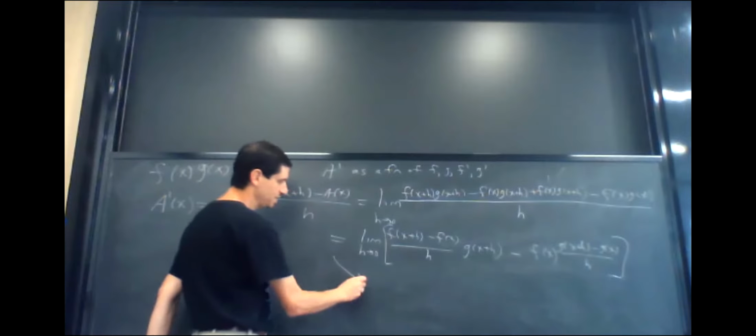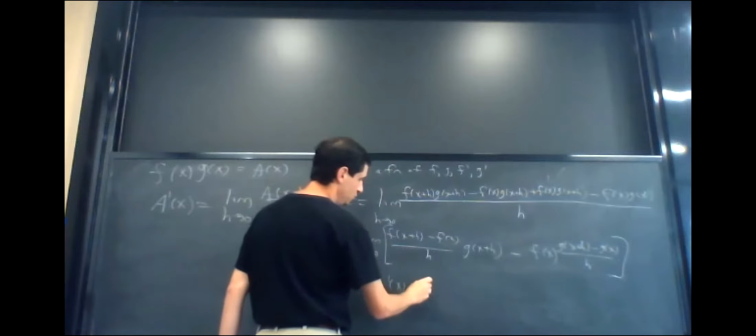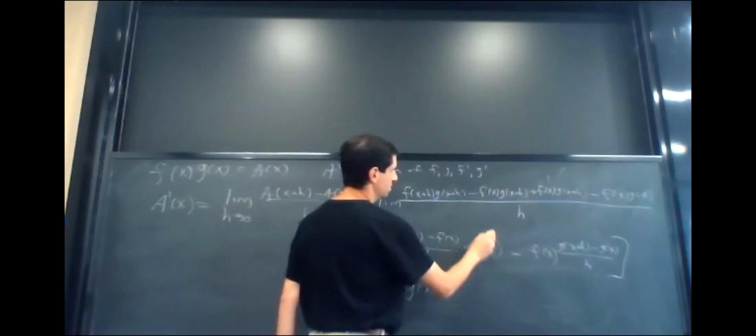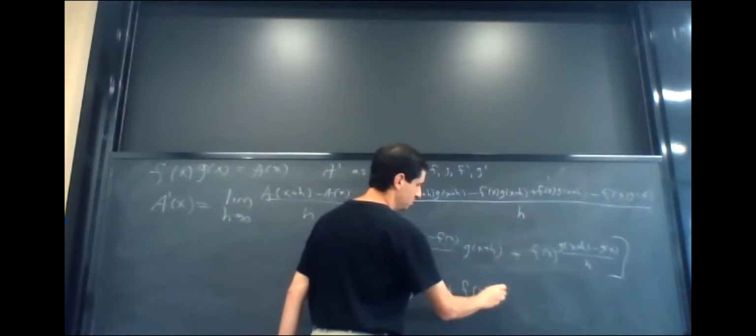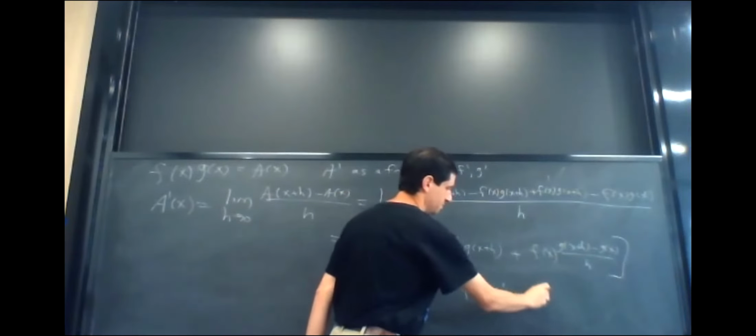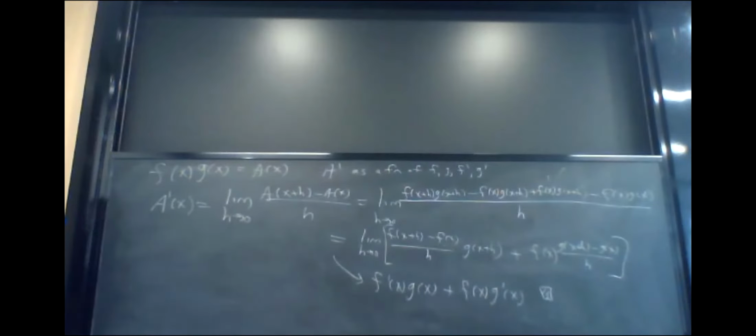And when you apply the limit rules, you'll get f prime of x, g of x, oh, sorry, that should be a plus sign, plus f of x, g prime of x. So that's the standard proof of the derivative rule by just doing the algebra.